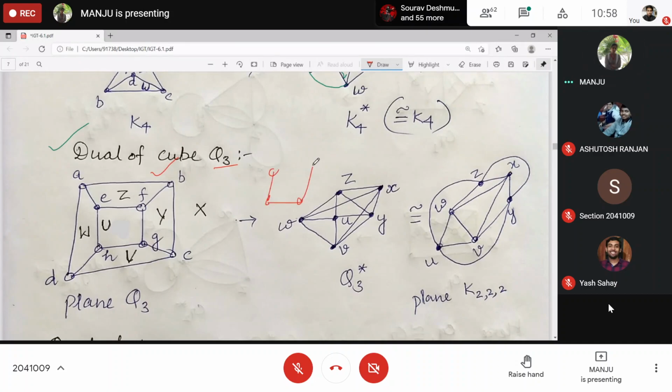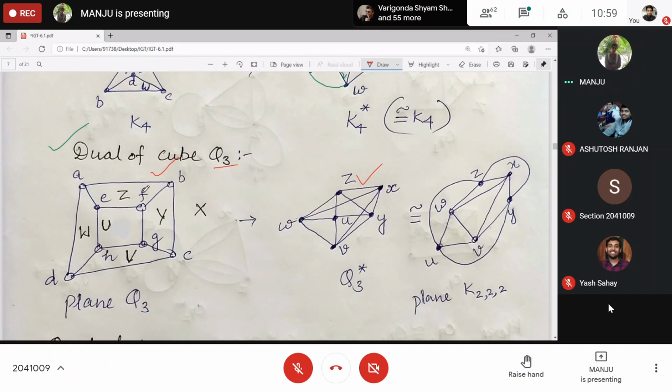This face is your U face, and the rear face will be X. So in 3 dimensions these are faces, and in 2 dimensions these are regions. Number of faces is 6, that's why 6 vertices over here.